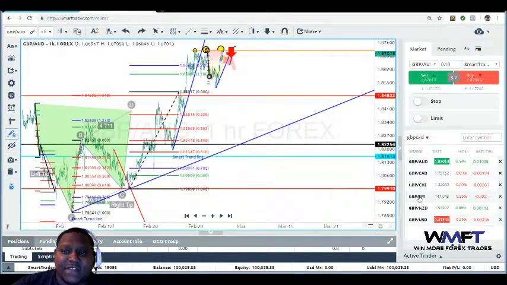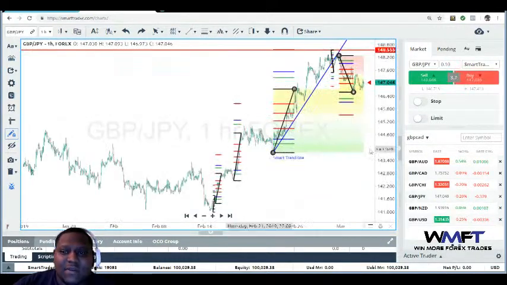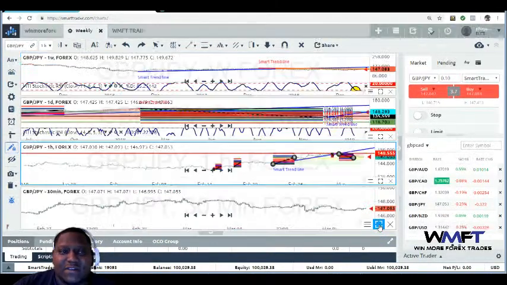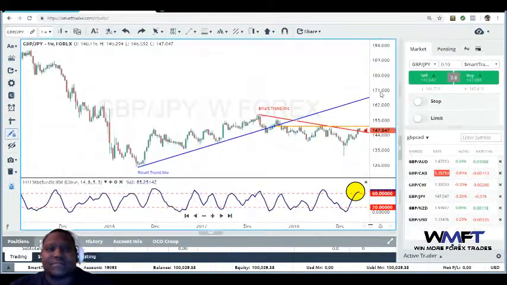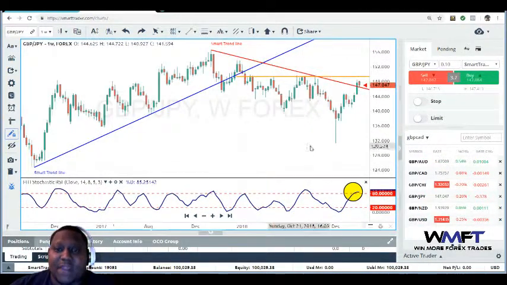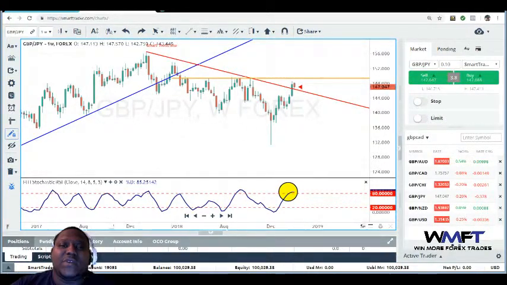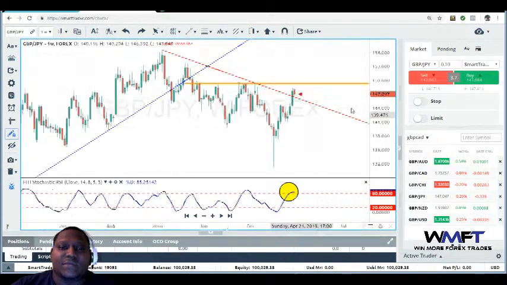But now I want to look at this Great British Pound Japanese Yen. Now this was the trade that I actually was looking at and was wanting to keep an eye on, because on the weekly time frame, with the market breaking the uptrend, we go to the sell zone.